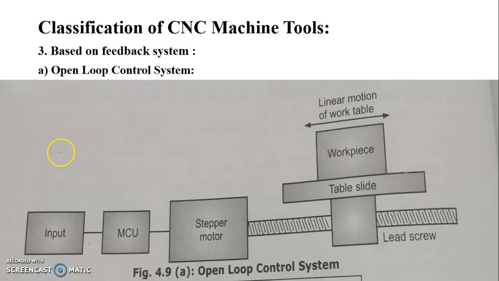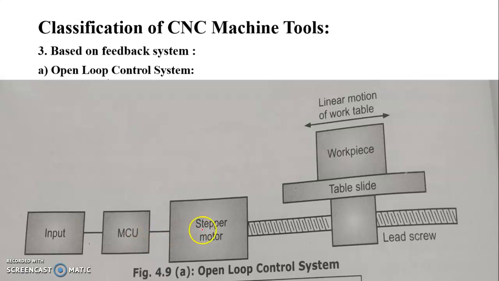As shown in the figure, it consists of an input device which loads the program in the machine. The program is decoded in the machine in a suitable format and the required signals are sent to the MCU, that is the machine control unit. The MCU sends a series of electrical pulses to the drive unit, that is the stepper motor.